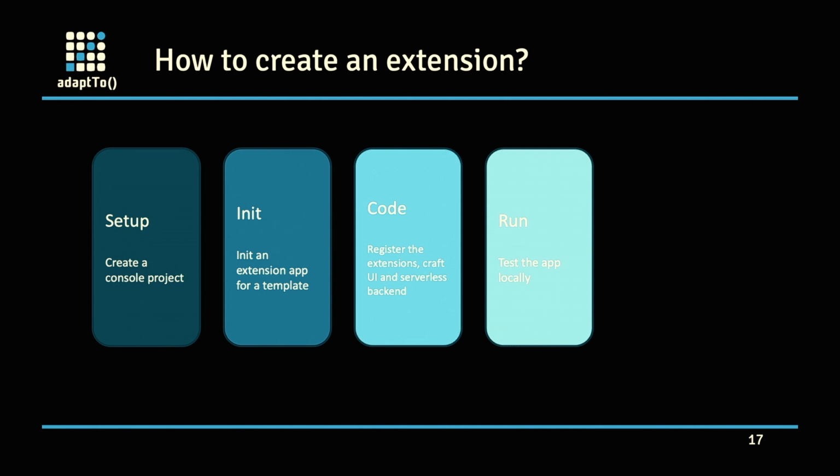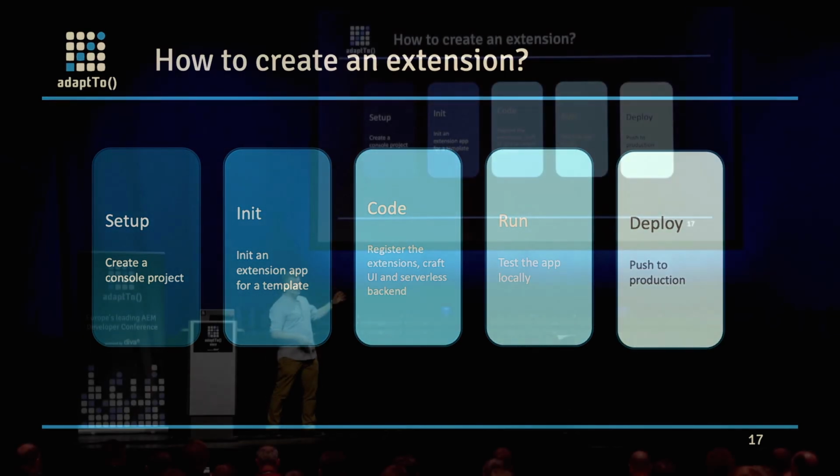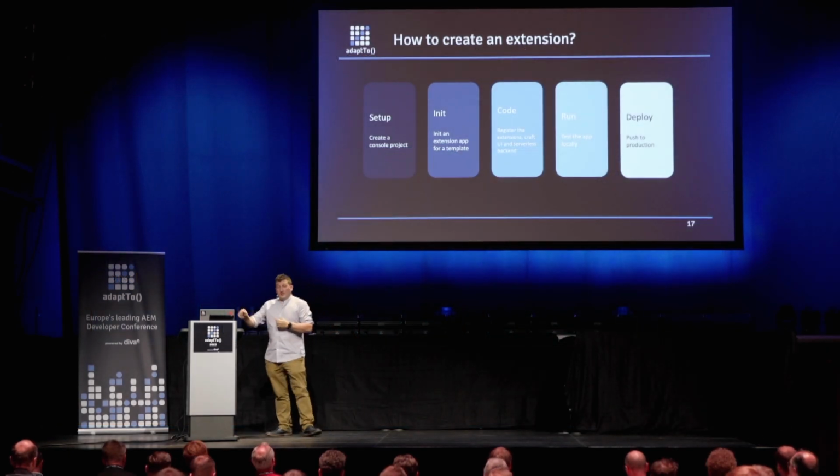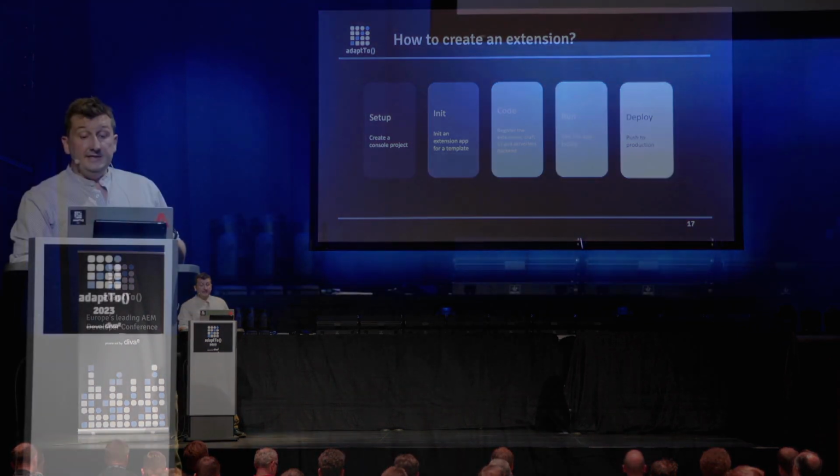You don't need to build anything apart from the JavaScript of the extension. And then once you're ready to go to deploy it, you deploy it, AIO app deploy, and that's it. The extension is now a URL that you can use, and you can use it directly in any live AEM instance.